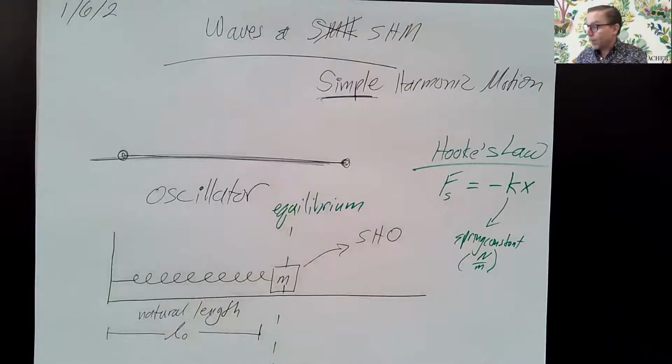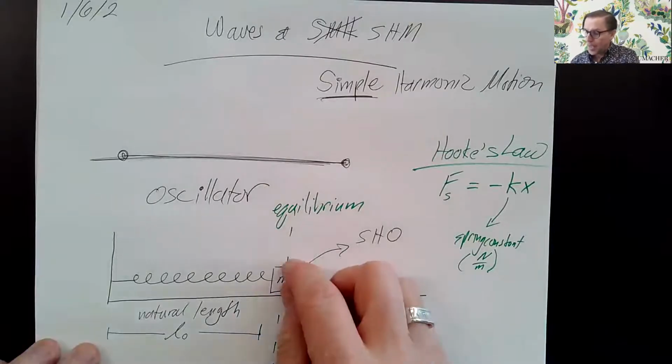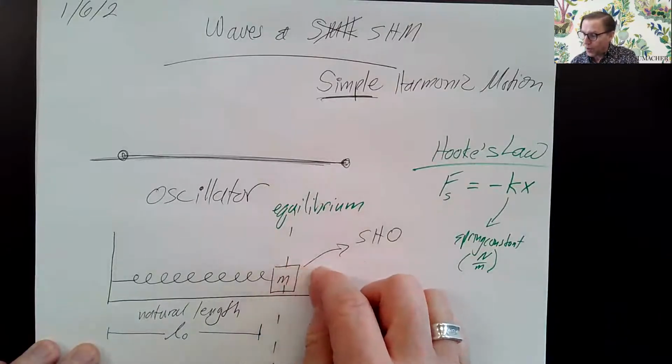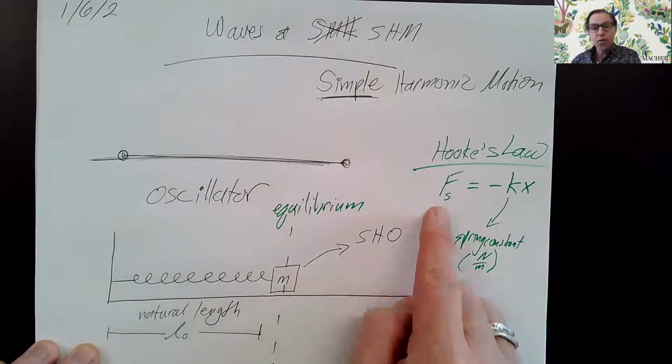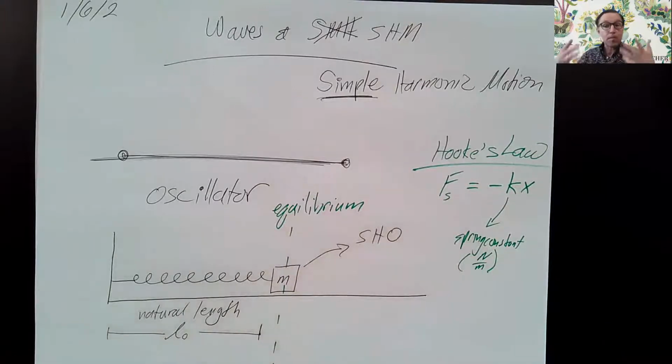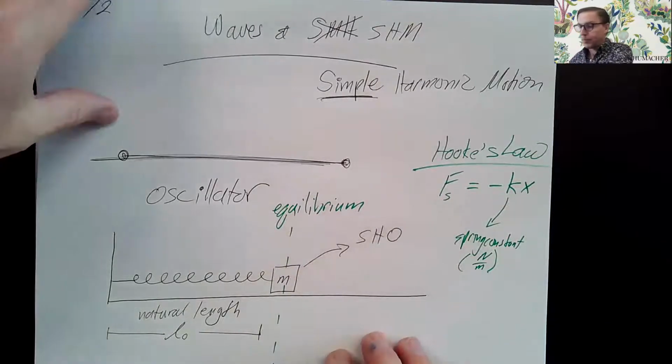Now, the force the spring exerts is not constant. As I move the block further and further to the right, the force exerted by the spring becomes more and more. Let's make a graph, because graphing is fun.